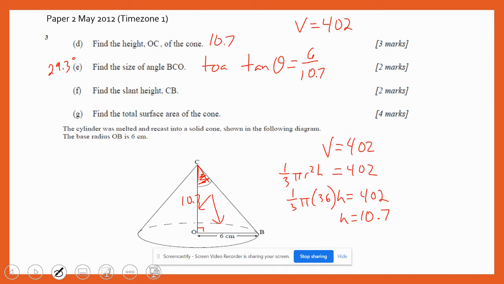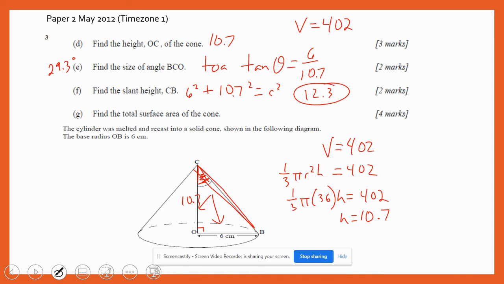Find the slant height, CB. We have a nice little right triangle, so 6 squared plus 10.7 squared equals c squared. Don't forget to take the square root. You get 12.26, so 12.3. And then it says find the total surface area of the cone.